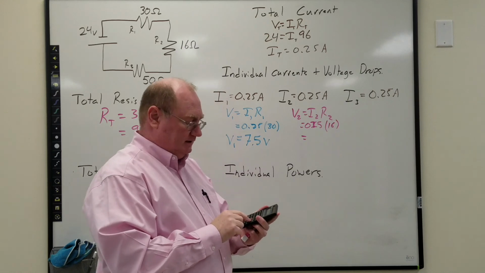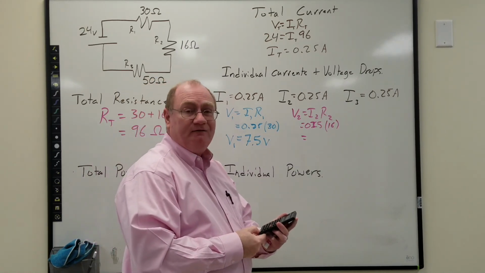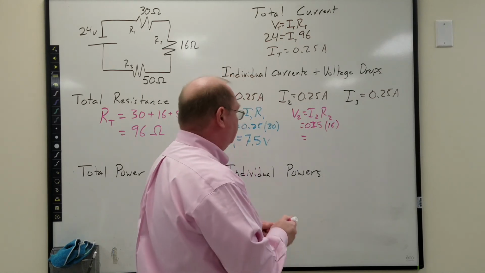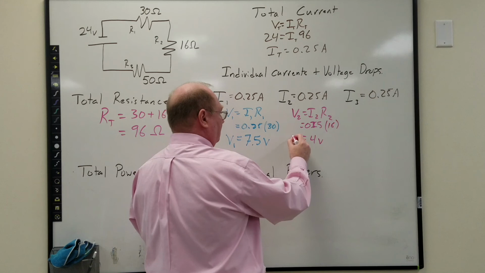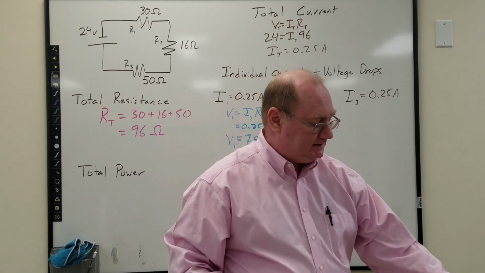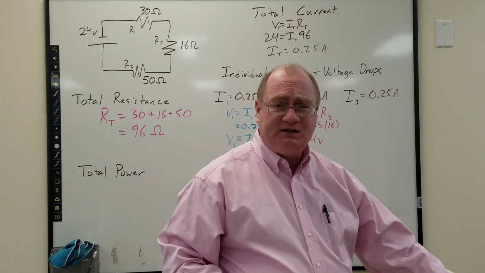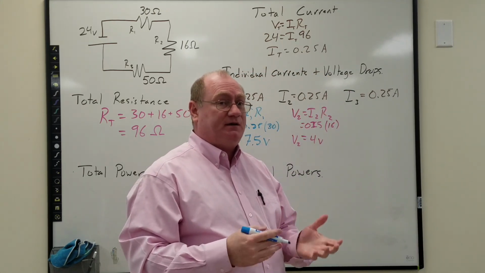So again, if we take 0.25 times 16, we get 4 volts for this one. For the last one, we repeat that process. You do this for every resistor that you have in the circuit. So if you've got 5 resistors, you're going to do this 5 times.